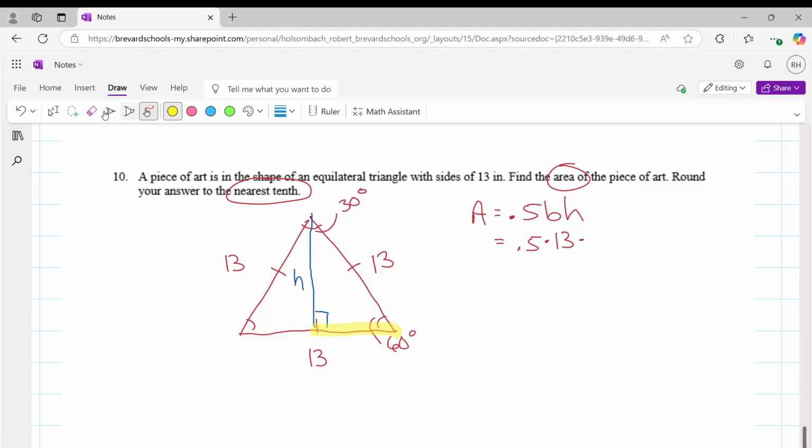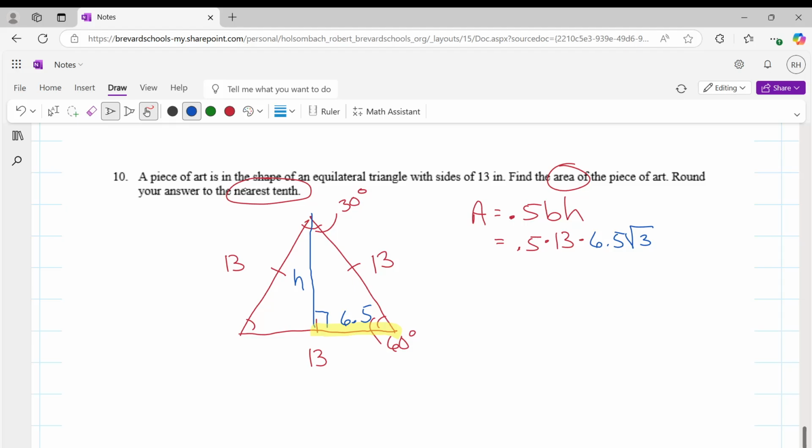All right? So the short leg is equal to the hypotenuse divided by 2. So this yellow piece right here is 6.5. So the height is equal to the short leg times the square root of 3, so the height is equal to 6.5 times the square root of 3.